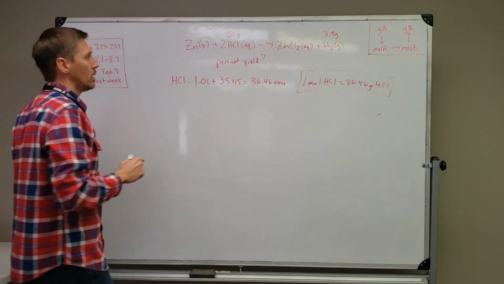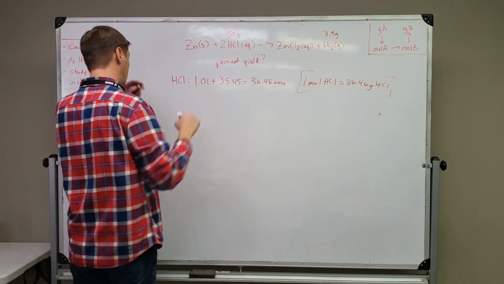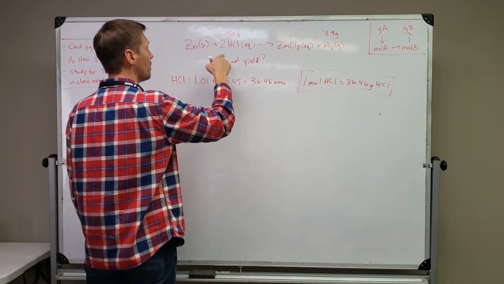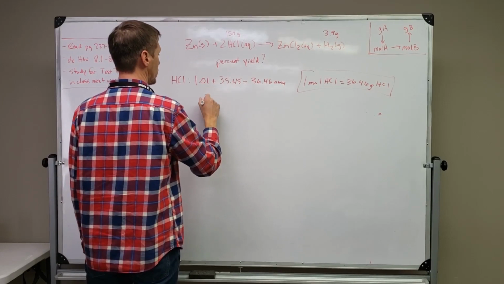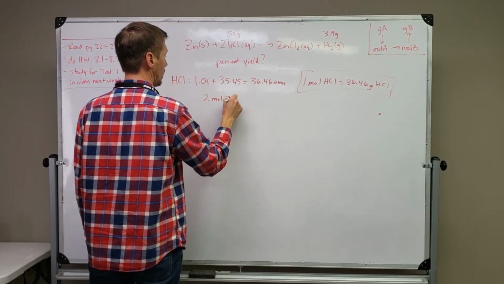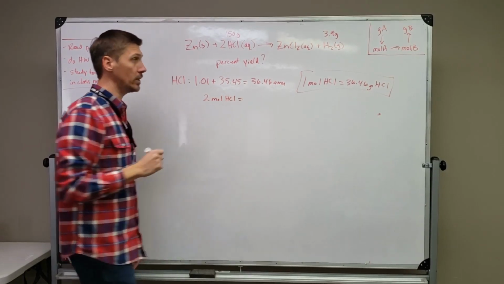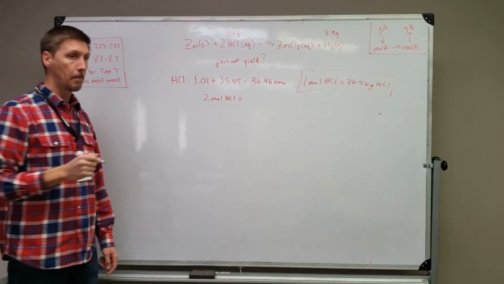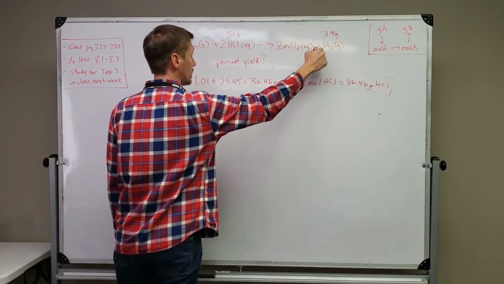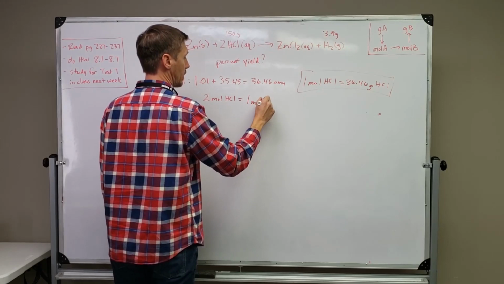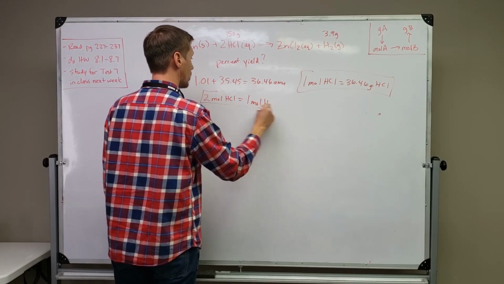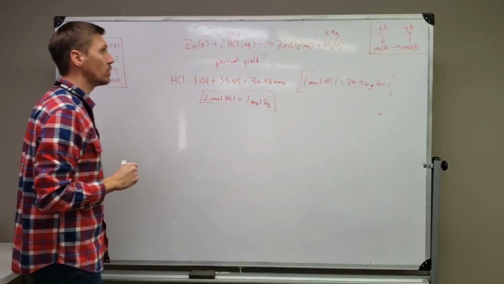To go from moles of substance A to moles of substance B, we're going to go ahead and grab that value. So we know that 2 moles of HCl equals how many moles of H2? 1. 1 mole of H2. And then we'll just go ahead and calculate it because we know we're going to need it as well.